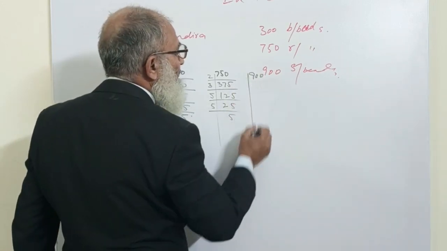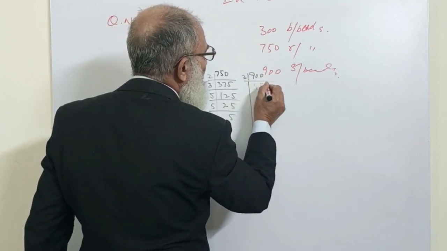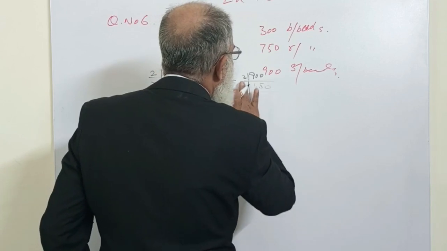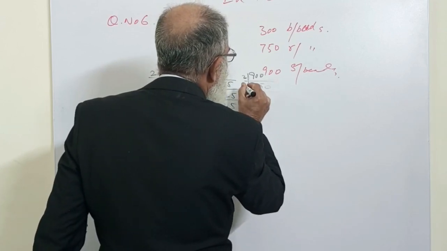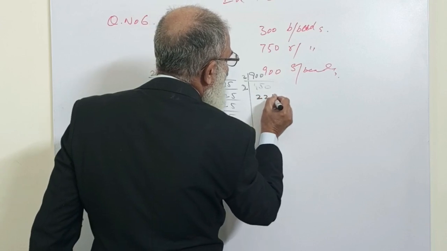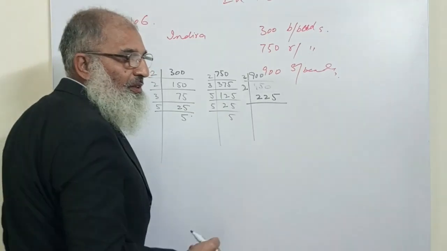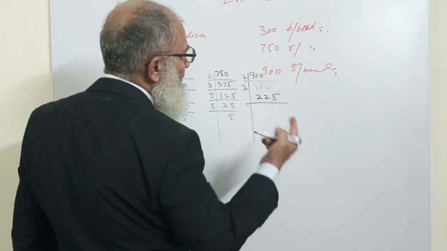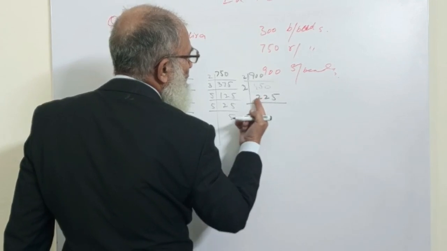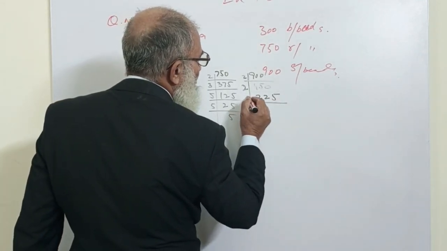Last for 900, 2 times 450, again 2 times 225. Now this is not divisible by 2, but this is divisible by 3 because the sum of the digits comes as 9: 2 plus 2 is 4, 4 plus 5 is 9, so 3.